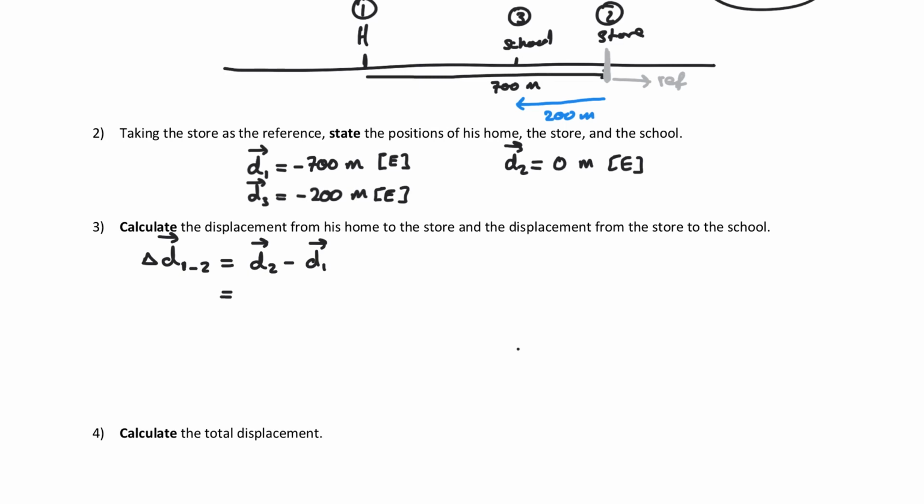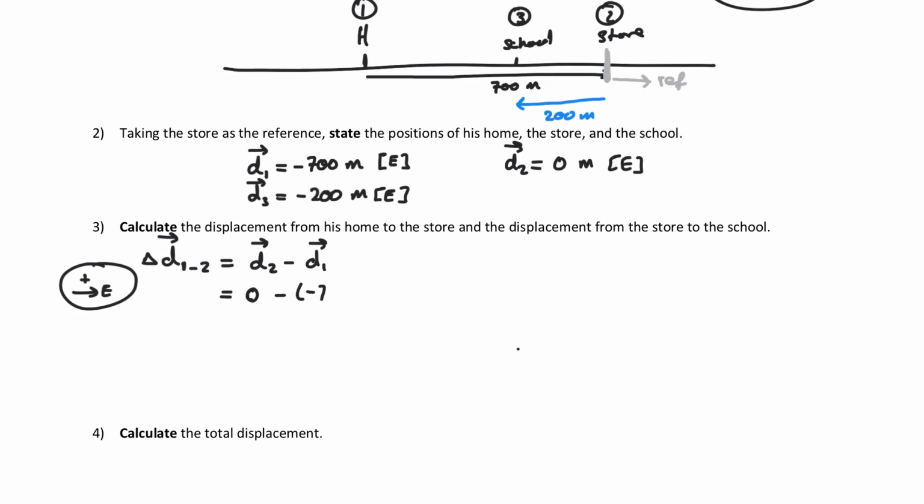So it's always the second one minus the first one. Position 2 is, I'm going to take east to be positive, and position 2 is 0, and position 1 is negative 700.